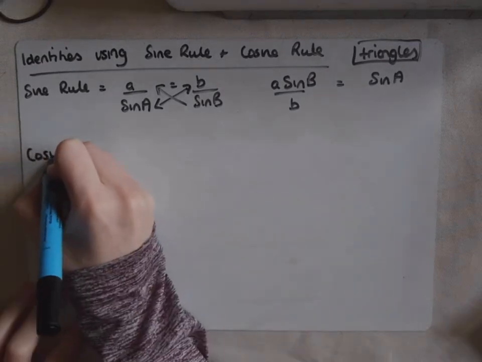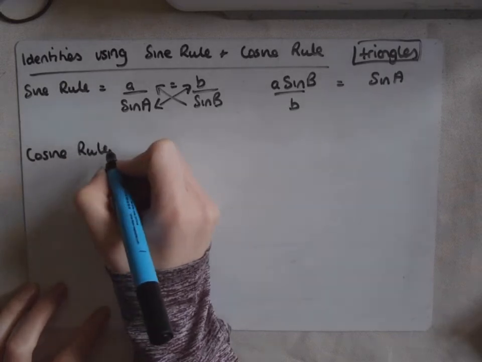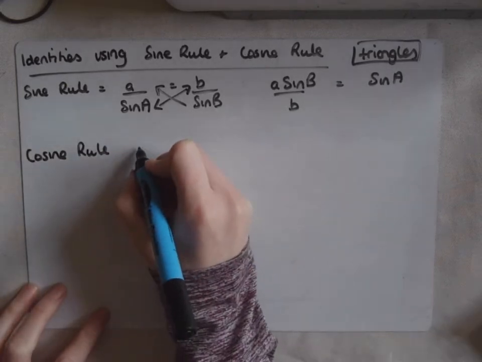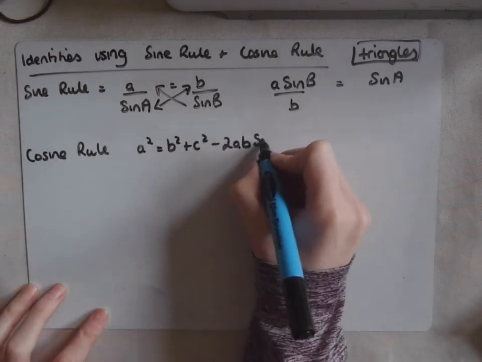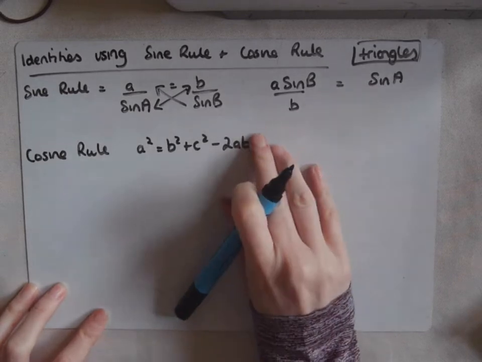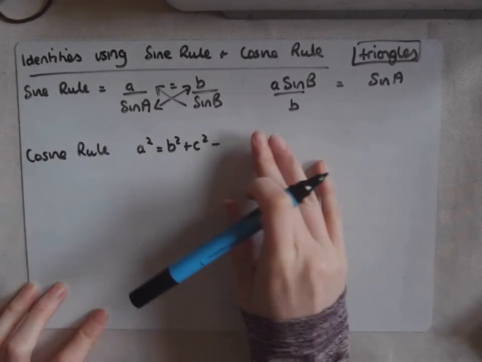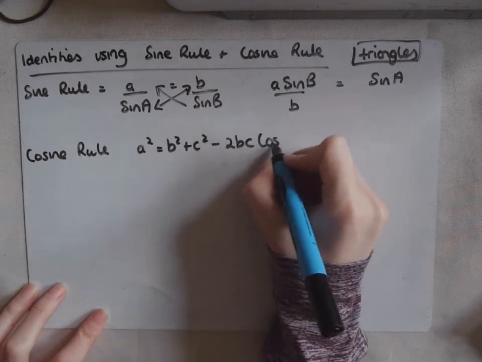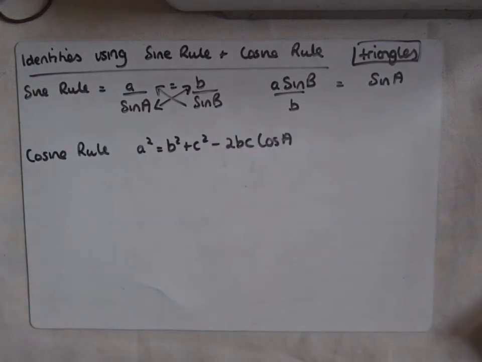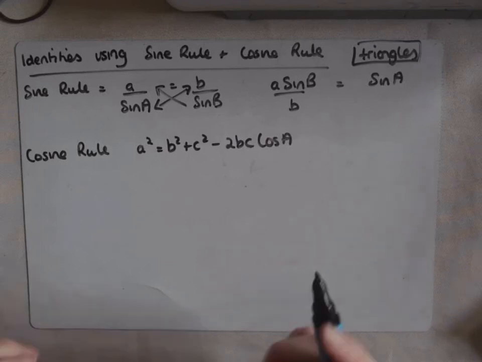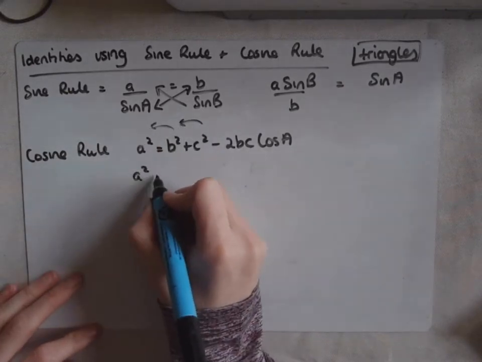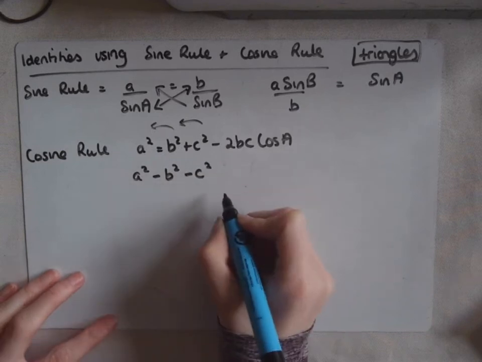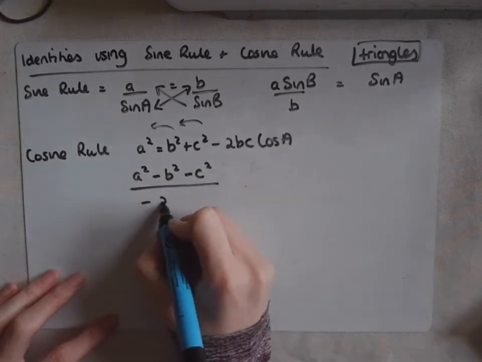Let's have a look at our cosine rule. The cosine rule was a squared equals b squared plus c squared minus 2bc cos A. If I wanted to get cos A on its own, I'd be bringing these over: a squared minus b squared minus c squared, and I'd be dividing by minus 2bc.